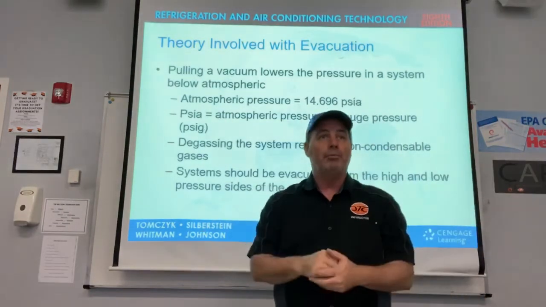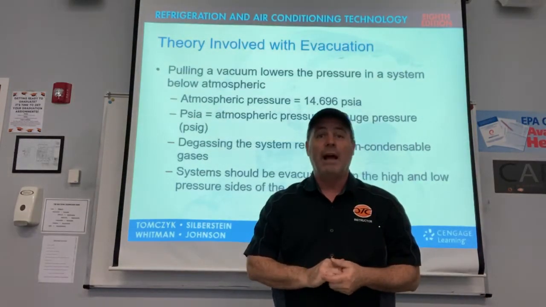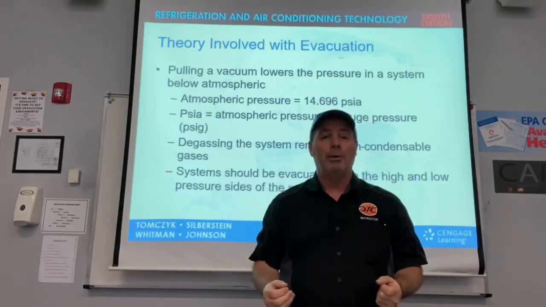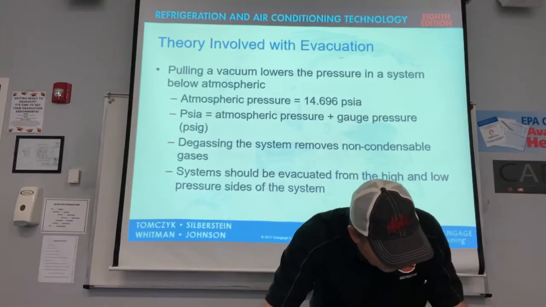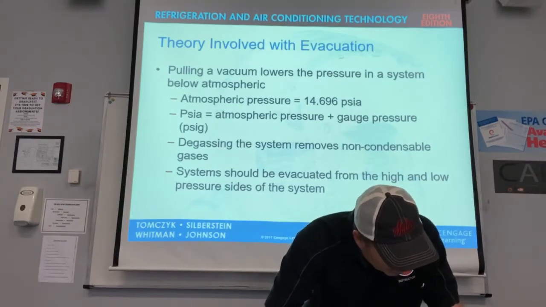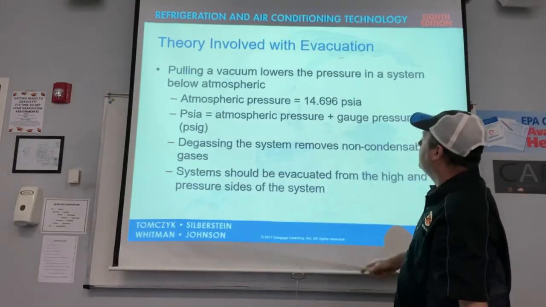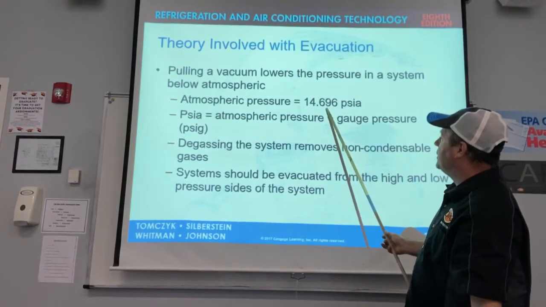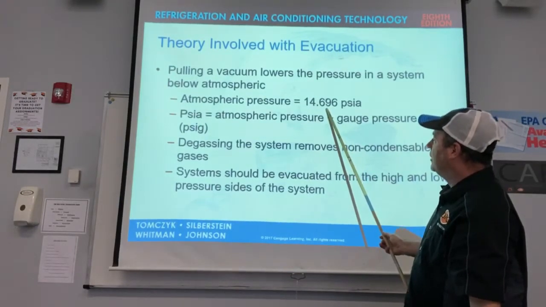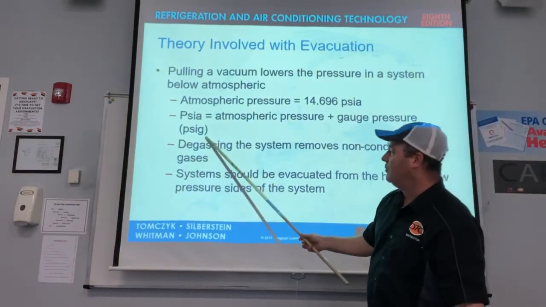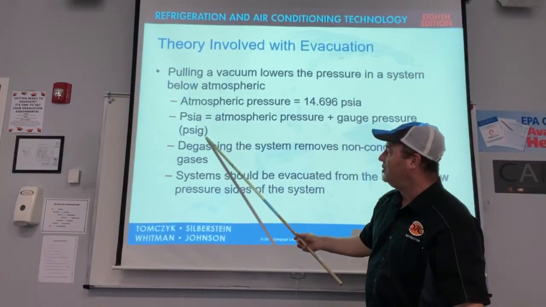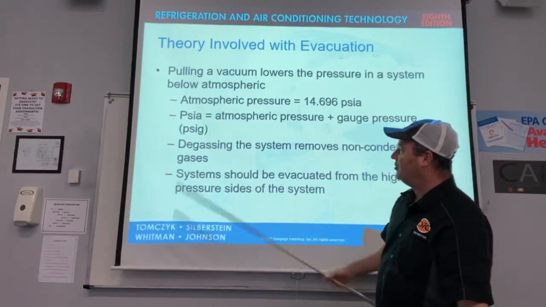If we lowered the pressure below atmospheric here and you got in a vacuum, you wouldn't be able to breathe in air. This is normally at a pressure below atmospheric, which is 14.696. Now, atmospheric pressure plus gauge pressure equals what? PSIG, whatever's inside your system.